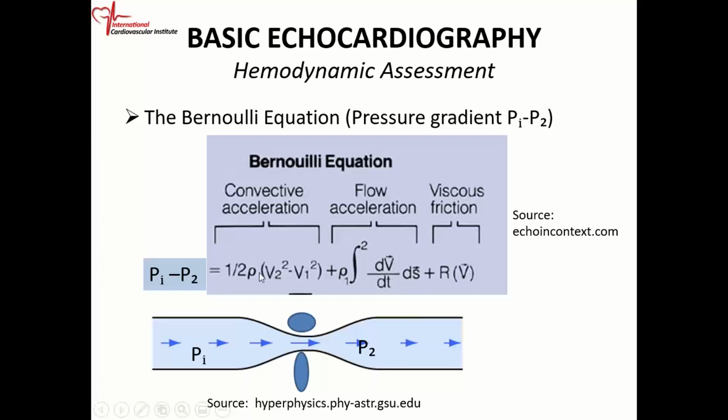What you're left with is pressure gradient equal to half rho multiplied by the square of the velocity at point 2 minus the square of the velocity at point 1. Because you have a narrowing at point 2, the velocity is going to be greater than at point 1.